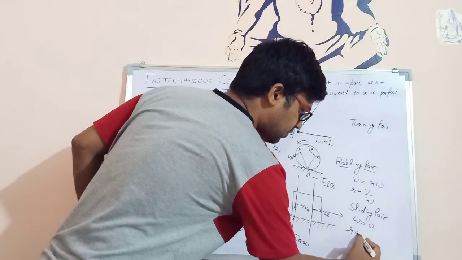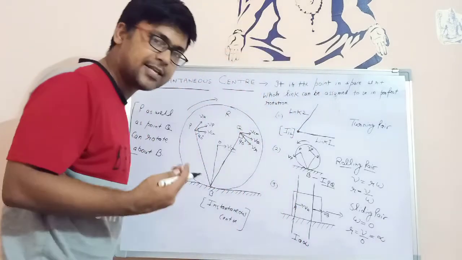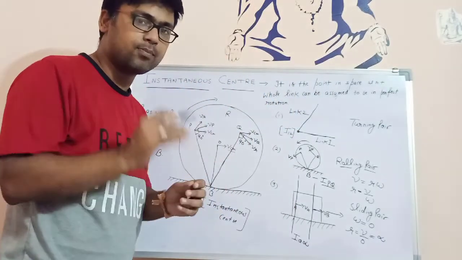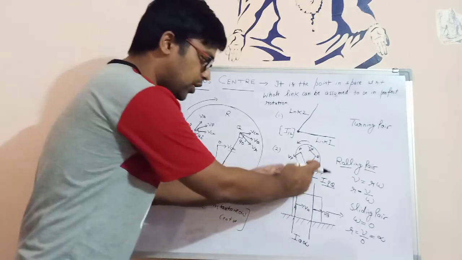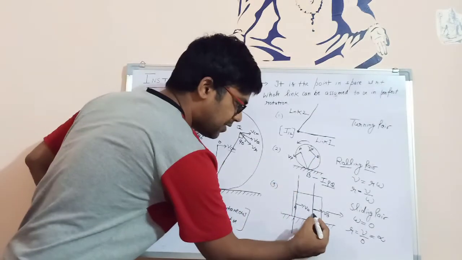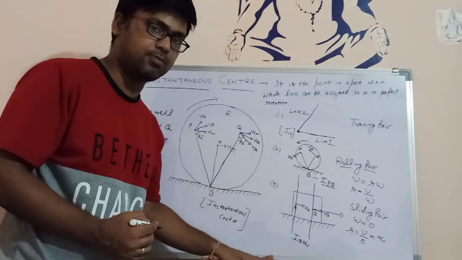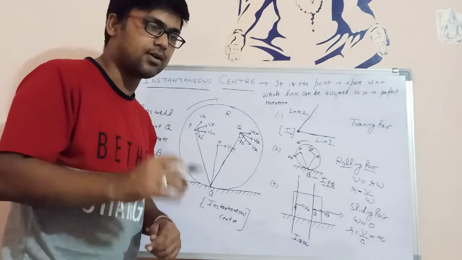So R will be equal to V upon 0, which is equal to infinity. That is why I am saying that for a sliding pair we are not going to have a point of instantaneous center; we are going to have it at infinity, because these two lines at point A as well as point B will never intersect. It means for a sliding pair we will never have an instantaneous center. Okay.